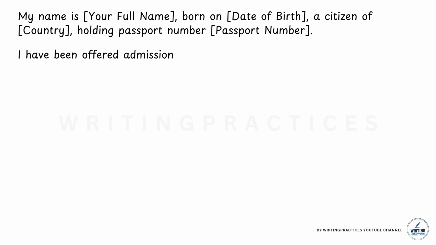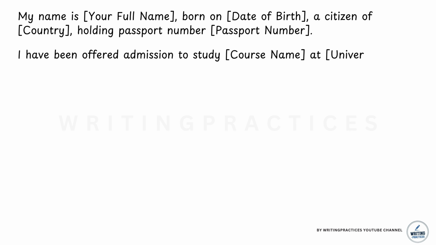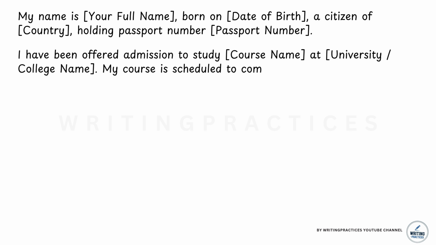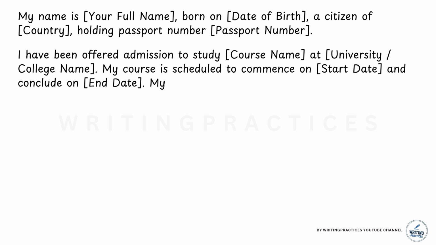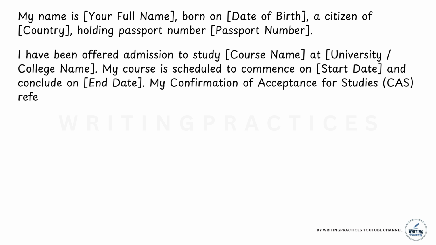State your admission details. Now explain your university admission. Include course name, institution name, start date, end date, CAS number. For example, I have been offered admission to study Master of Science in Data Science at the University of Manchester. My course is scheduled to commence on the 20th of September, 2026, and conclude on the 30th of September, 2027.